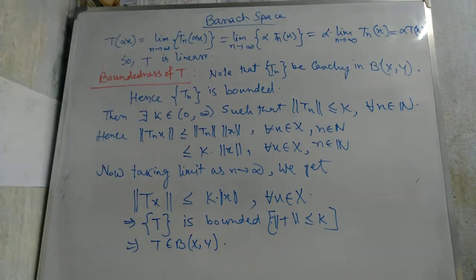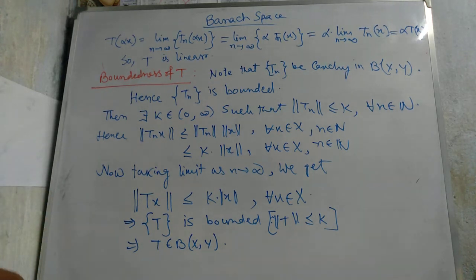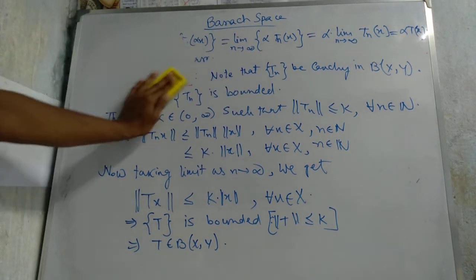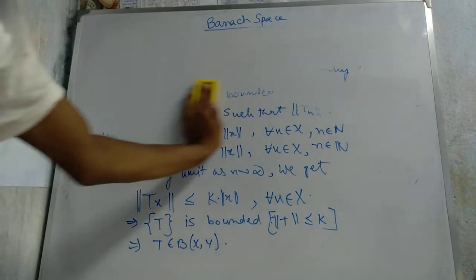Understand? Next, we erase this portion, because we saw that T belongs to B(X,Y).